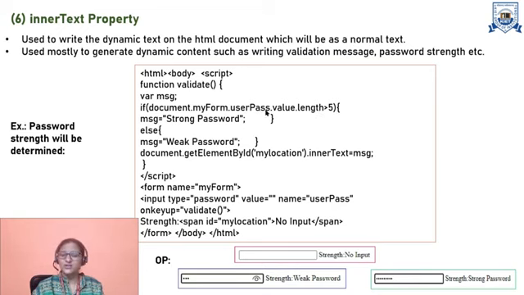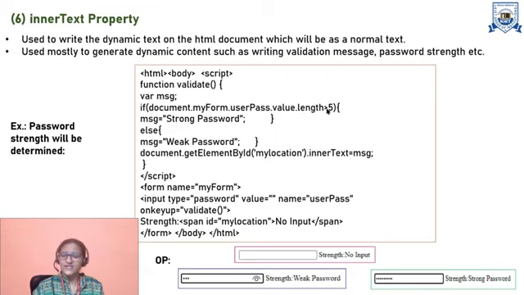So user pass dot value dot length, the length of the value we have provided to that password field, password element. The user pass is the name of the password field, password element. Okay, so it is checking its value, that if its length is greater than 5. If it is so, in the message, this string will get stored.